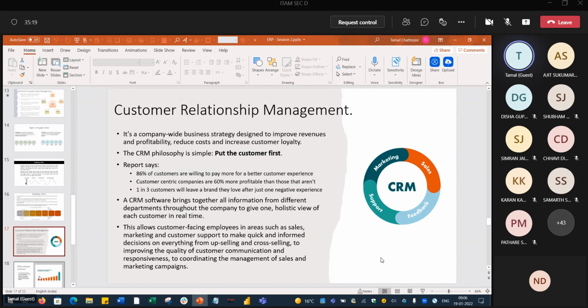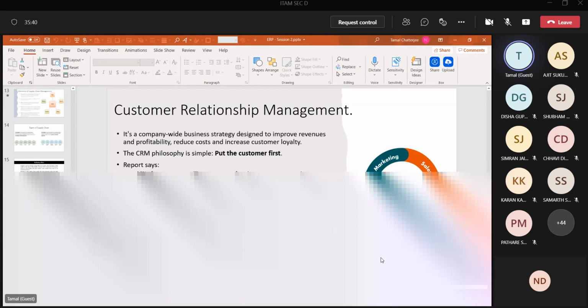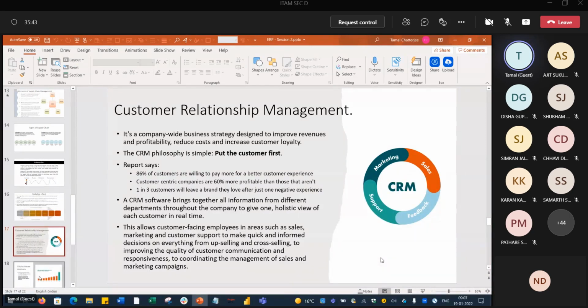Okay, so now CRM. We have seen CRM is nothing but a part of supply chain because we have to sell something, right? So CRM basically has this cycle: marketing, sales, feedback, and then support to the customer. It is customer first. There is some very recent data. 86% of customers are willing to pay more for a better customer experience.